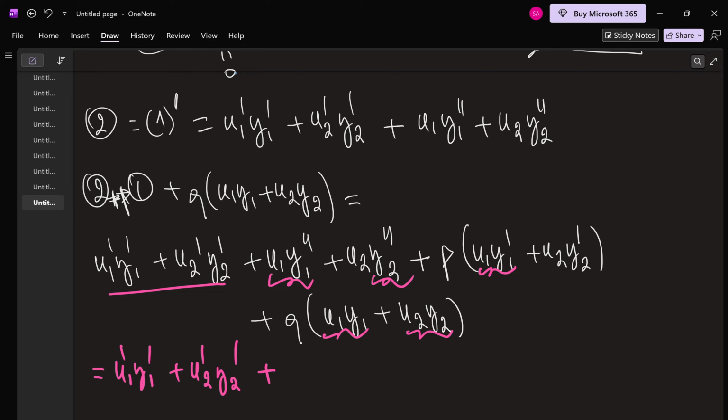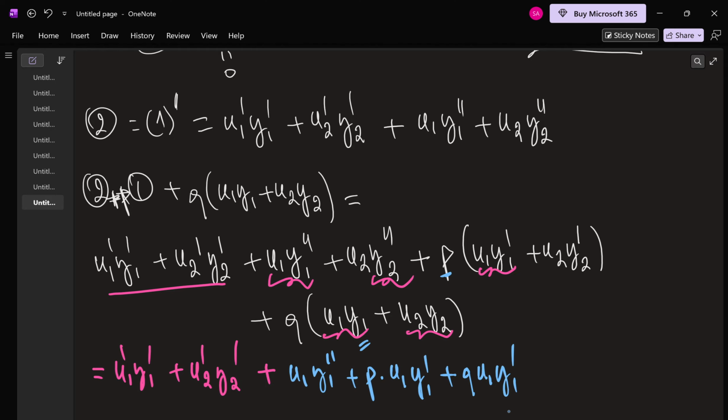So u1 double prime plus this p here, p times u1 y1 prime plus this guy here, which is q times u1 y1.